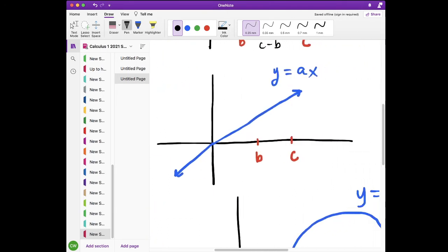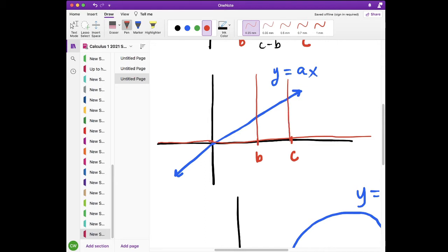Now with this one, we have y equals ax on the interval with endpoints b and c. There's a couple of ways to do this. Someone give me one way.